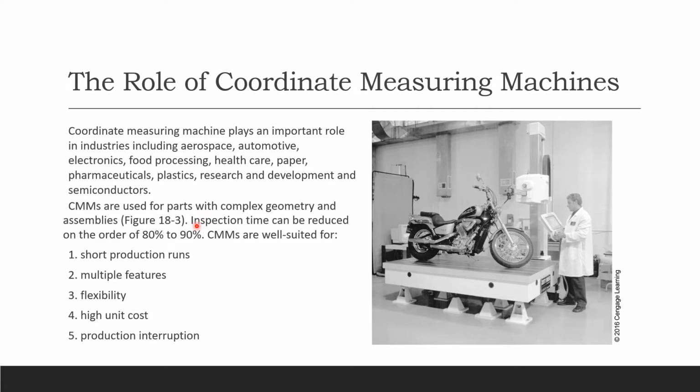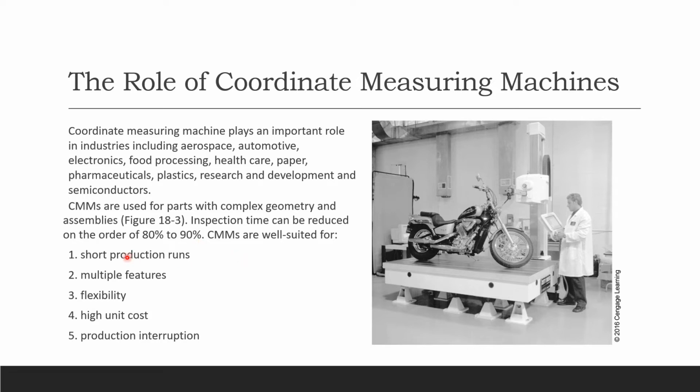So CMMs are used for parts with complex geometry and assemblies. Okay? And inspection time can be reduced. That's why we use CMM, and we can reduce it on the order of 80% to 90%. So that's pretty good figure.